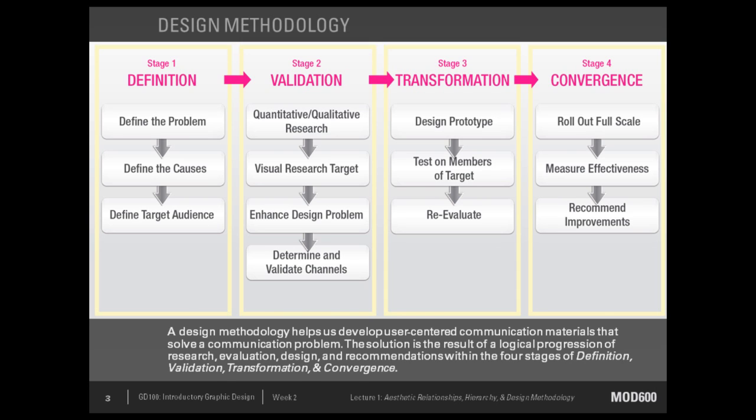So with the example of Prometheus, Ridley Scott wanted to spread awareness of his new movie. One of the problems that he had to overcome was basically Prometheus is connected to the Alien saga, and the last few Alien movies really kind of were terrible.